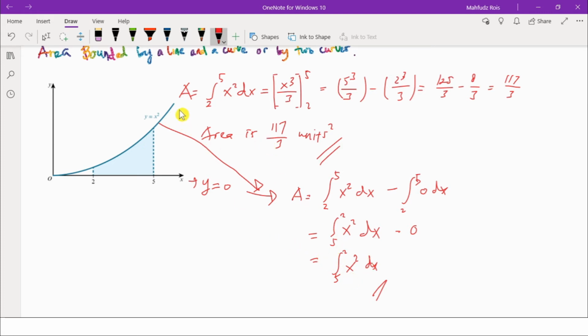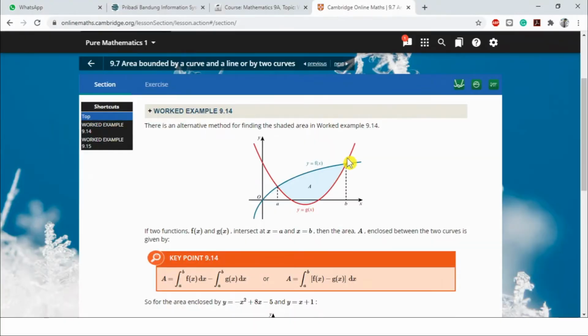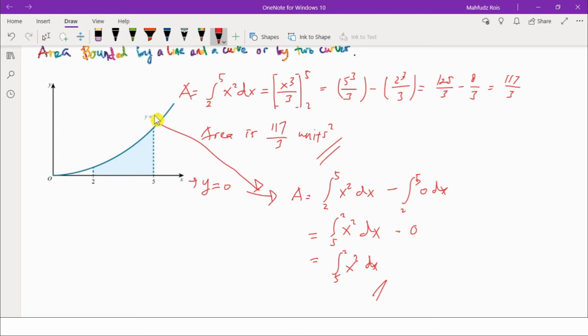A equals only this area, that's why it's the area under a curve. Similarly with before, this one is bound by this blue line and bound by the red line. That's why f(x) subtracted by g(x), like this. If this one is f(x) and this one is g(x), it is also f(x) minus g(x). But g(x) here is already 0, that's why it's only f(x). Okay, so this is the idea.